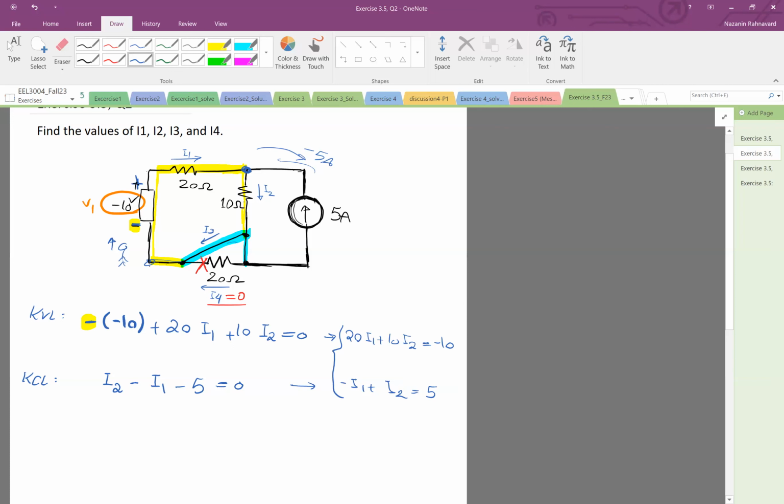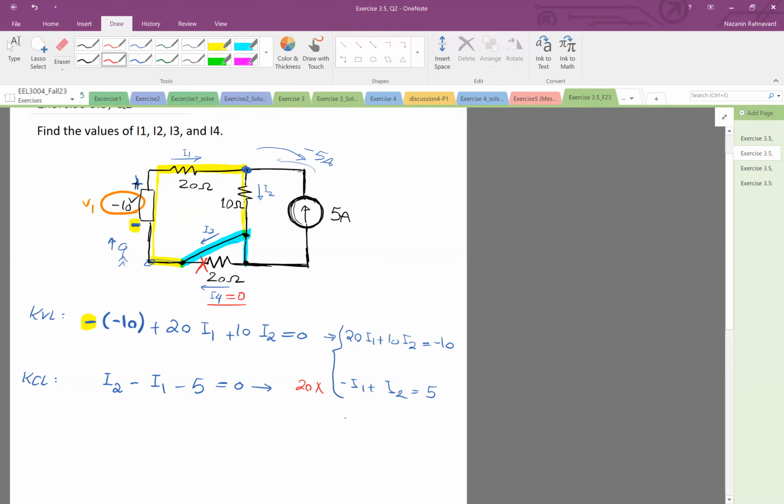So two equations, two unknowns. As you know, you can do replacement, or you can multiply by something and add them. Let me do this: I multiply the second one by 20, because I want to make it 20 I1, so it becomes negative 20 I1.